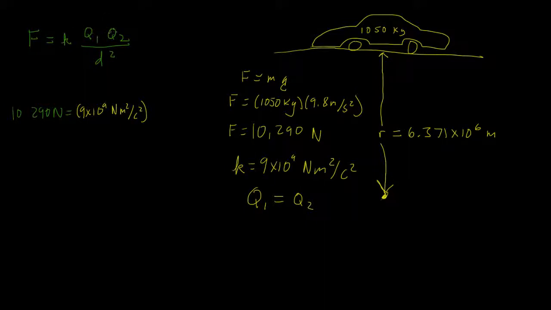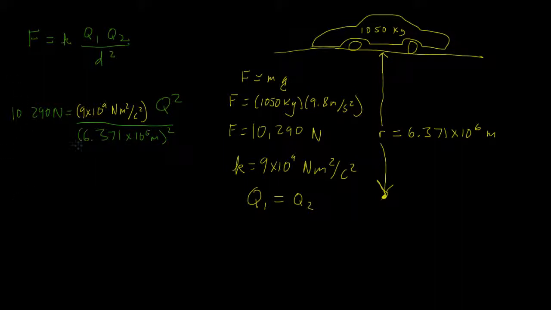So in our equation here, if these are equal, we can just call that Q squared. And then we will divide by the distance squared. So the distance here is the radius of the Earth, and we square that. So we need to solve for Q squared.